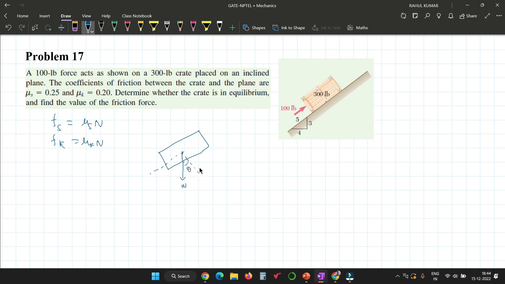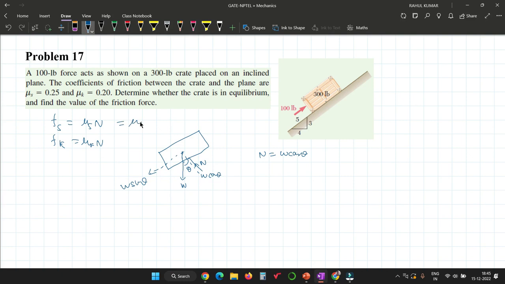Friction 47.99. Yeah, 47.99, it is correct now. So when you resolve W, if W is the weight, that is W cos theta and W sin theta, and here the normal reaction is N. So here N is equal to what? W cos theta.